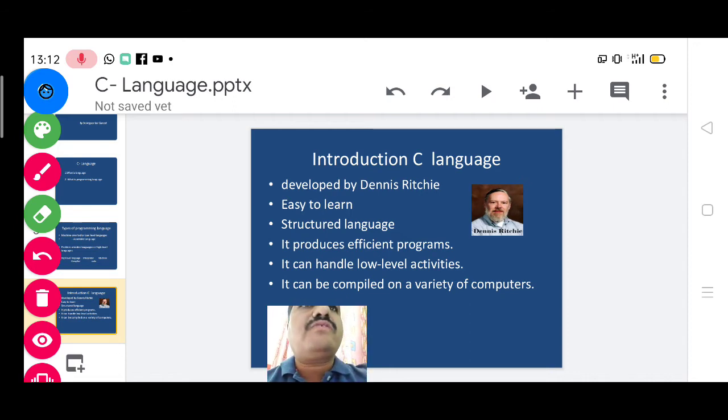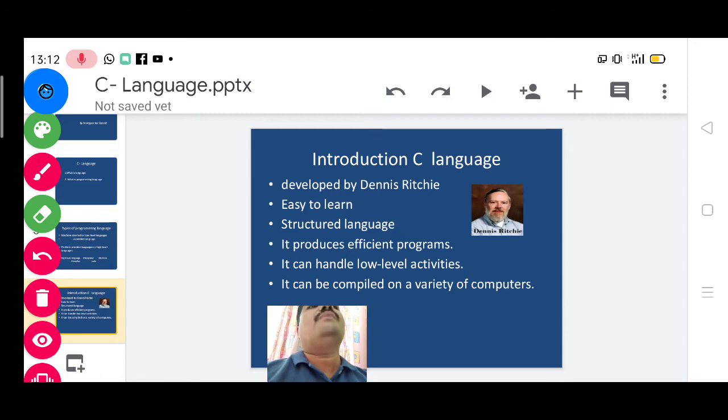Okay, and then the next, introduction of C language. C is a general purpose high level language that was originally developed by Dennis Ritchie for the Unix operating system.